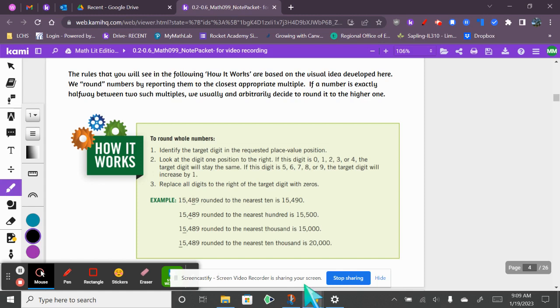The first step to round whole numbers is to identify the target digit in the requested place value. I usually will underline this number. Then we're going to look at one digit position to the right, and what I will do with this is circle it, because that tells me if I'm going to round it up or not. We will replace all the digits to the right of the target number with zeros.